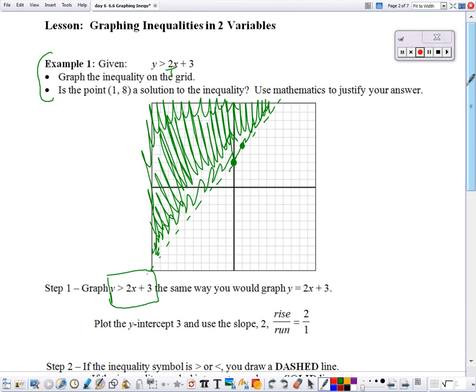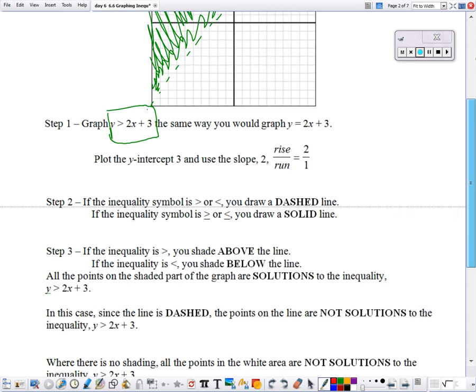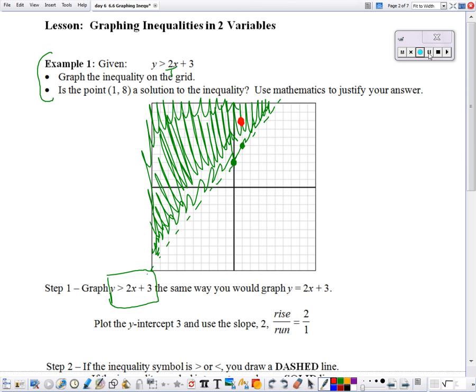The last part of the question is, is the point 1, 8 a solution? So I'm going to go to this point, 1, up 8. That's right here. So you can see at the bottom of your paper, I'm sorry, it's going to be on the next page.